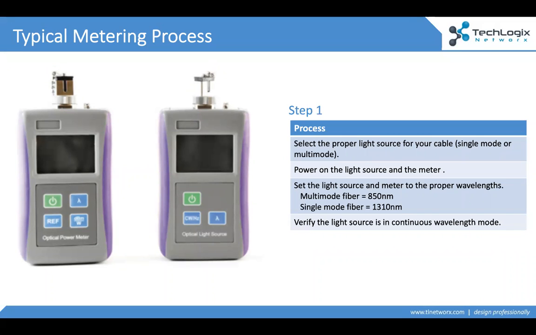So let's talk about the metering process itself. Well, first of all, it is important to note that these meter kits have optical light generators that are going to be specific to either single mode or multi-mode. Why? Well, because we have different wavelengths depending on the diameter of the actual glass.